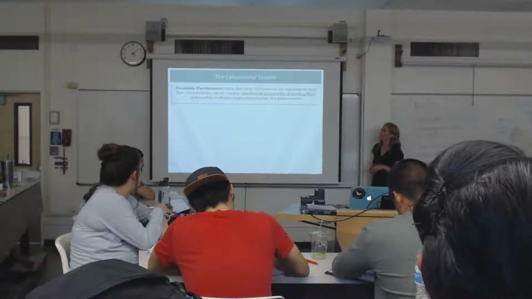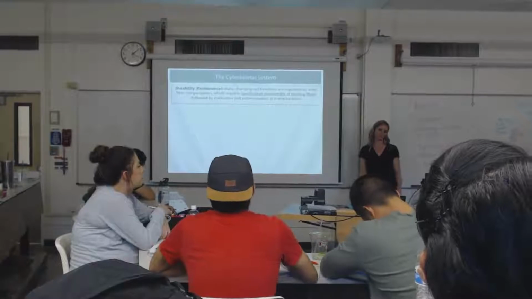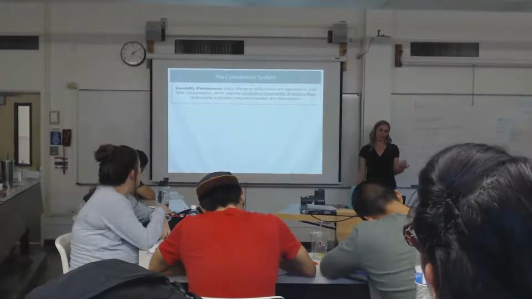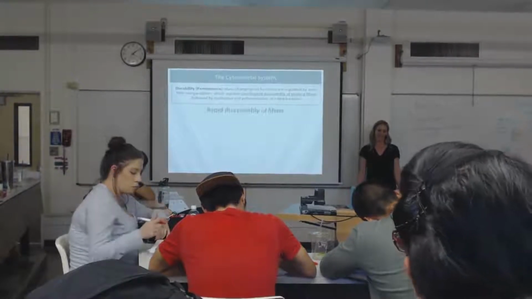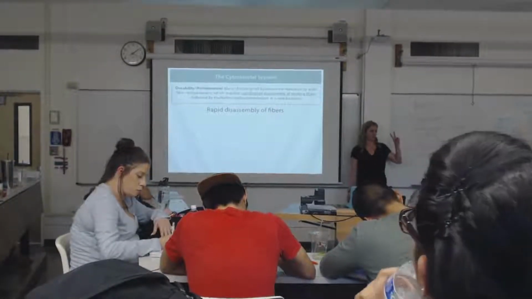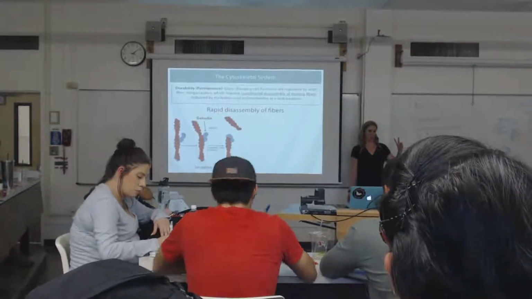This is called coordinated disassembly of existing fibers, which is a fancy way of saying it's breaking down the fibers in a regulated way. To have rapid disassembly, you need two proteins. One of them is called gelsolin.